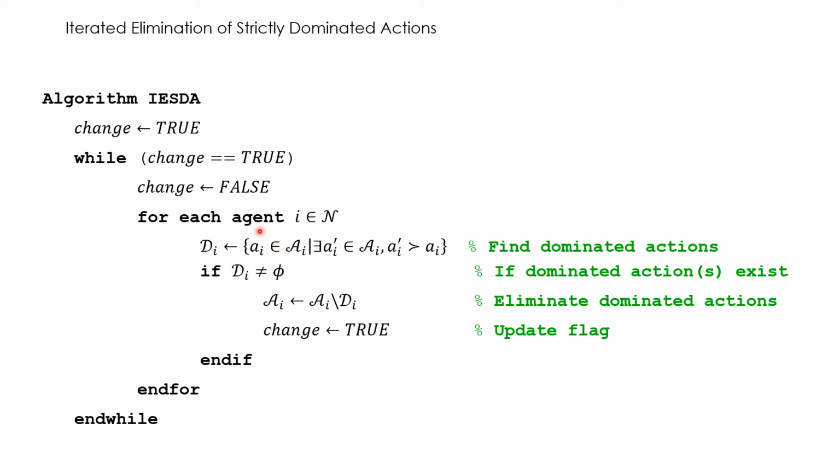This occurs when none of the agents have any remaining strictly dominated actions. Within the while loop, the change flag is reset to false. It will be set to true later only if some agent has one or more actions that are found to be strictly dominated.